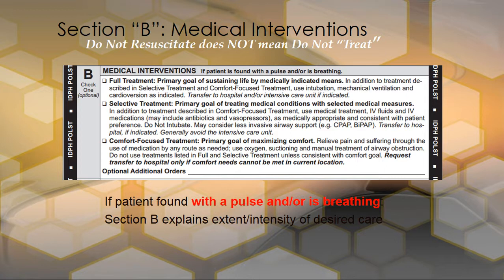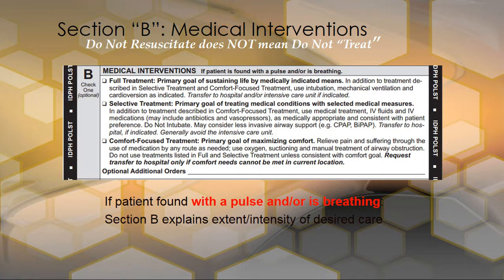Do not use any of the treatments that are listed in the full and selective treatments box unless it's consistent with a comfort goal. In these instances, patients should be transferred to the hospital only if comfort needs cannot be met in the current location, whether it be because of scope of practice issues, equipment issues, but ultimately we should try to leave these patients at home in concurrence with medical control if at all possible.